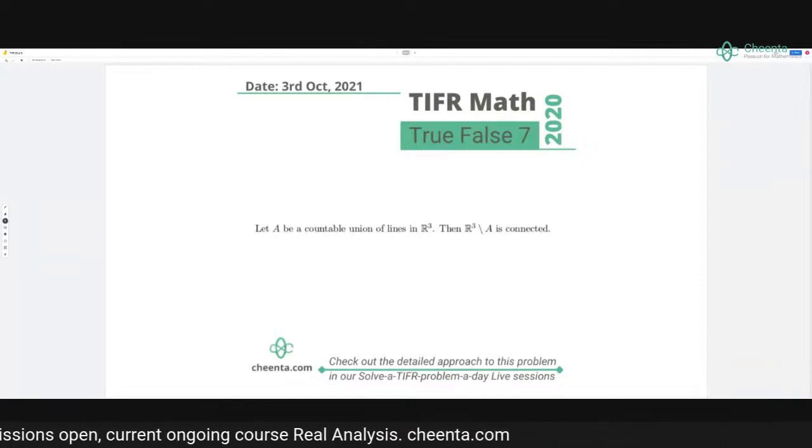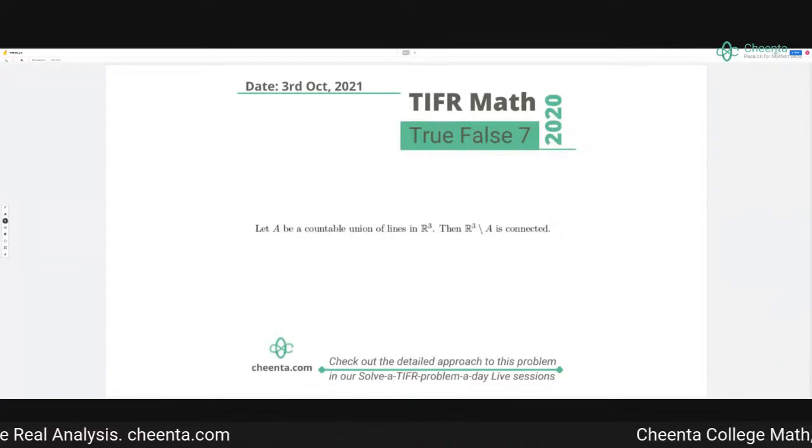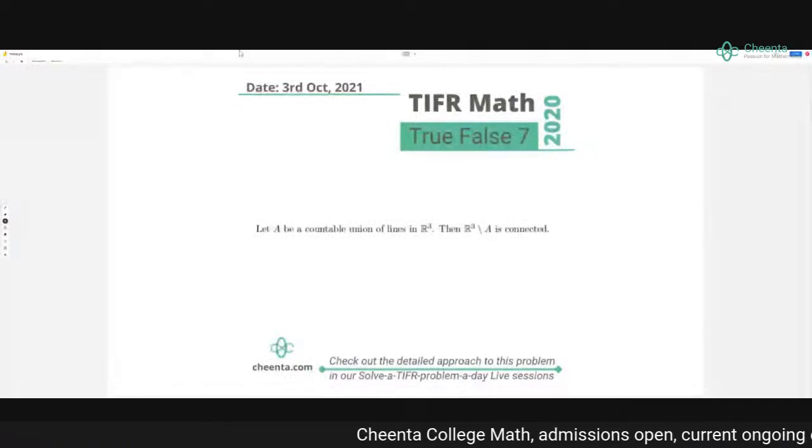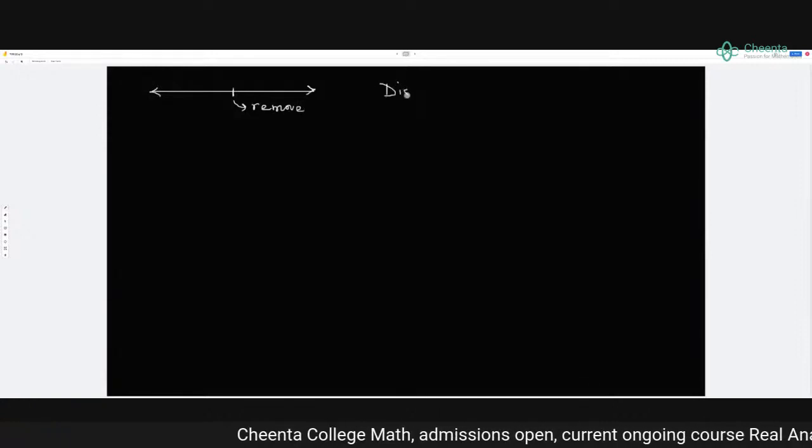So we will tackle this one by one, dimension by dimension. First of all, if I have R, and from R, if I remove any point, then this becomes disconnected, right?